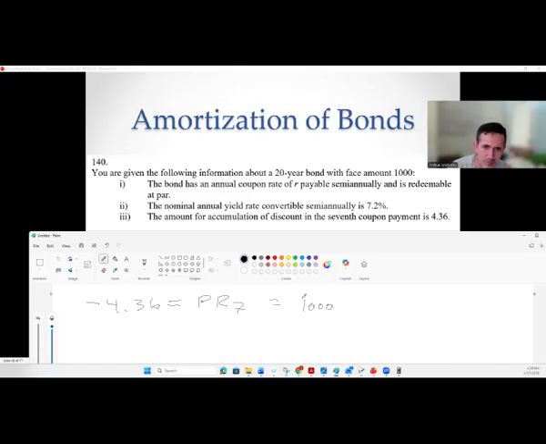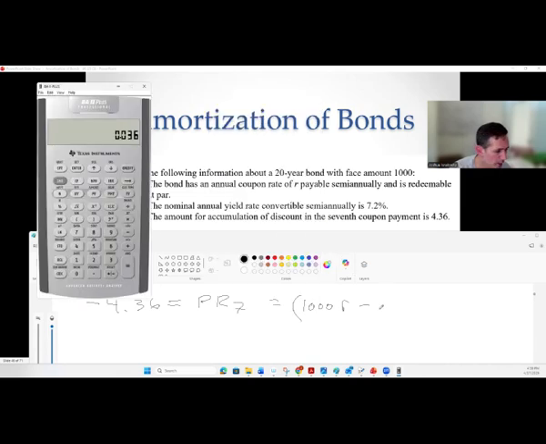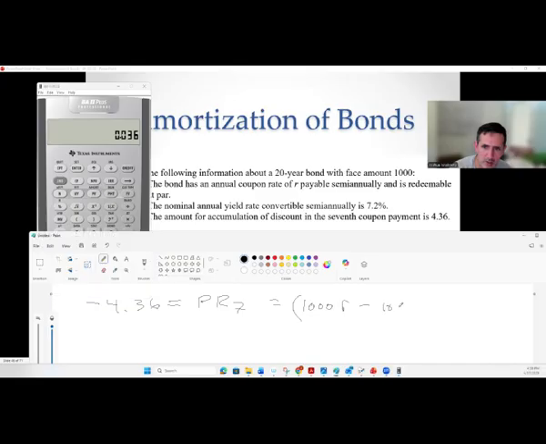So it's 1,000 R minus, take this over 2, 0.072 over 2. Again, nominal semi-annual. The actual 6-month yield rate is 3.6%. 1,000 times 0.036.